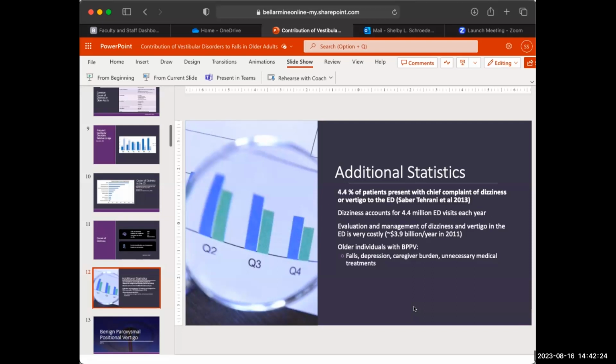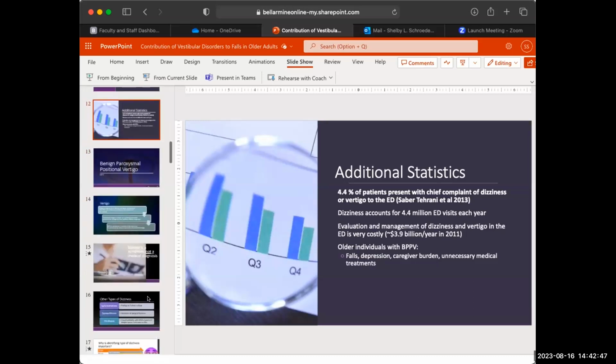And then it ends up, no, they don't. They just have an inner ear problem and they need physical therapy. Older adults with BPPV are more likely to have falls, depression, caregiver burden, and unnecessary medical treatments. So all the reason to get them to see a provider quickly that can help them address this.